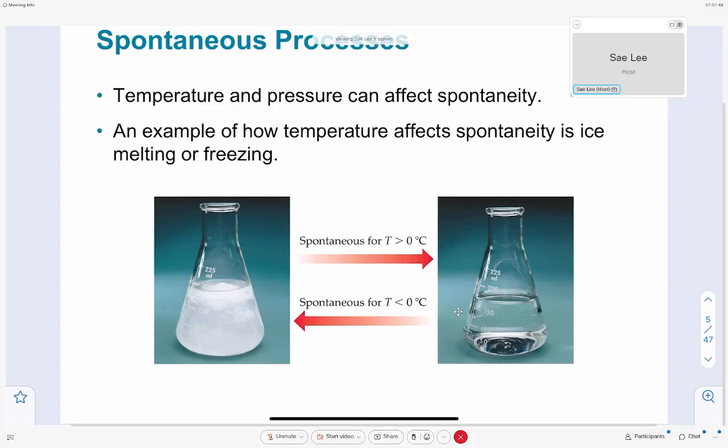So when someone asks you whether ice melting into water is spontaneous or not, you need to immediately ask, what temperature are you talking about? Because above 0 degrees Celsius, ice melting is spontaneous. However, below 0 degrees Celsius, is ice melting spontaneous? It is not spontaneous.